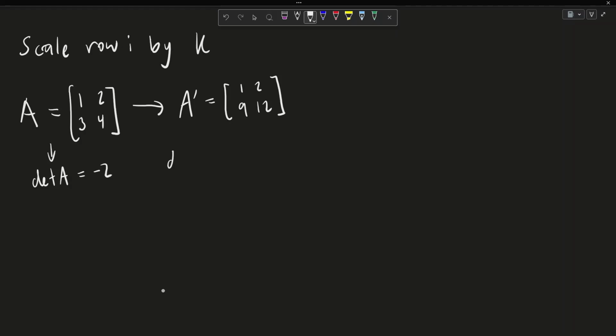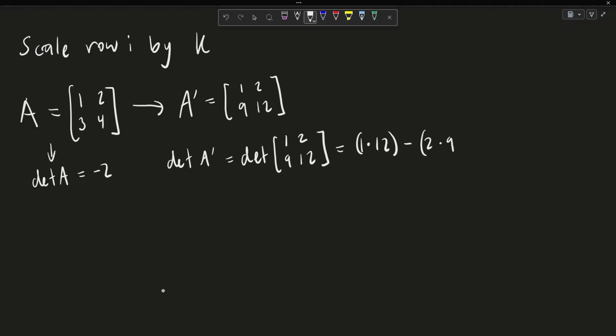But if we now took the determinant of A prime, we'd find we're taking the determinant of 1, 2, 9, 12, which gives us 1 times 12 minus 2 times 9. This gives us 12 minus 18, which is equal to negative 6.